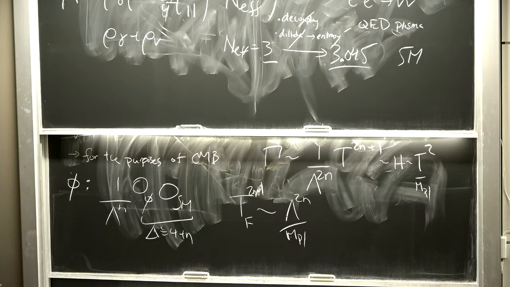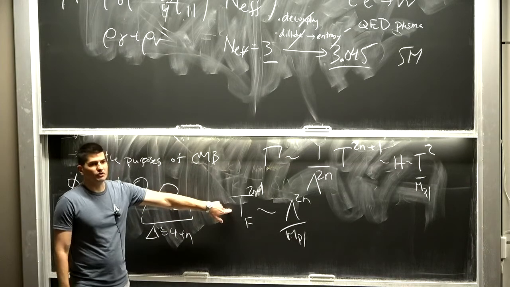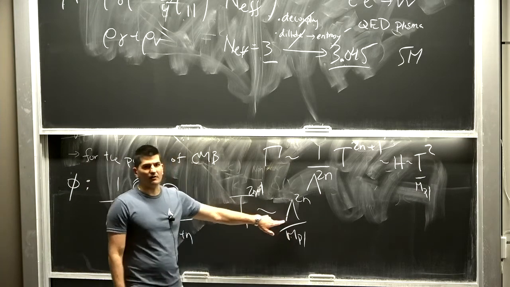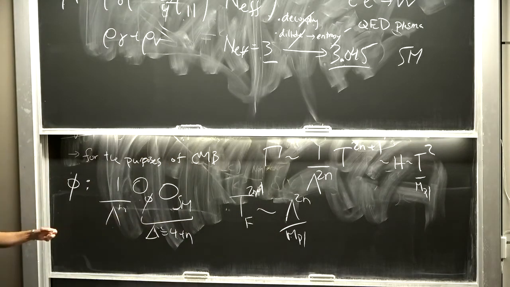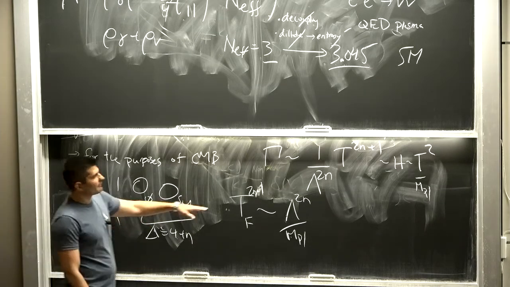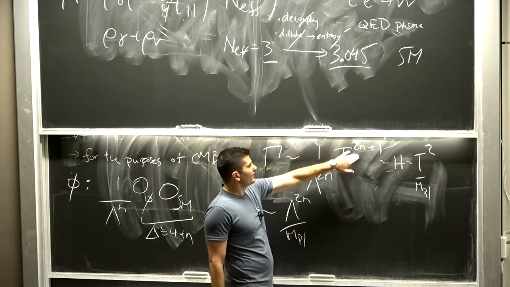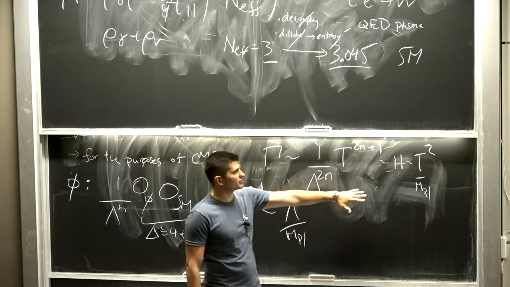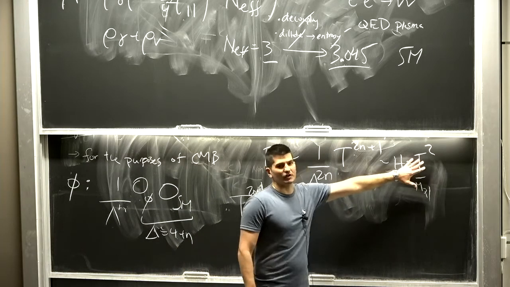This scale is usually pretty high, but it's below the scale where this effective operator applies. Also, for n greater than a half, the thermalization happens at high temperatures. This term wins at high temperatures. This term wins at low temperatures.